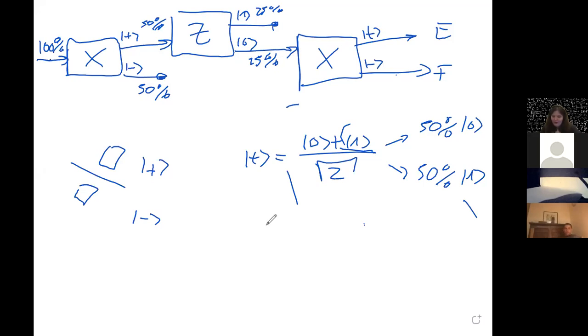Now we have the 0 state, so we singled out all electrons which had spin down, and now we put them in an experiment where we measure if spin is left or spin is right. Because we had spin down, we know our plus is this and our minus is this, and in both of them we have spin down.